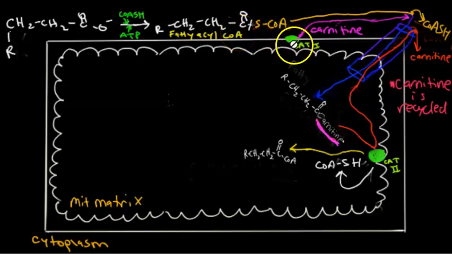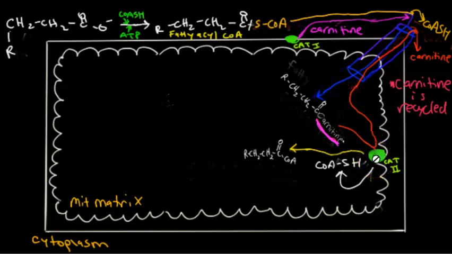The CAT1 on the outer mitochondrial membrane will add carnitine and take away coenzyme A to liberate the fatty acyl carnitine, which will make its way into the mitochondria with the help of the translocase on the inner mitochondrial membrane.